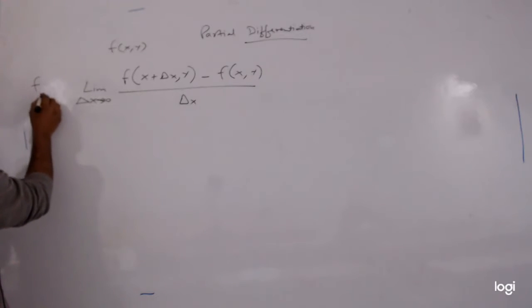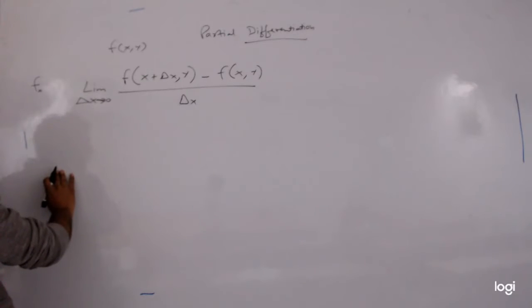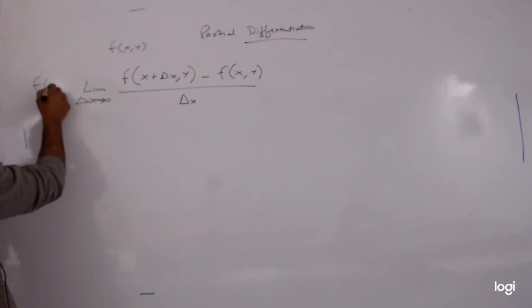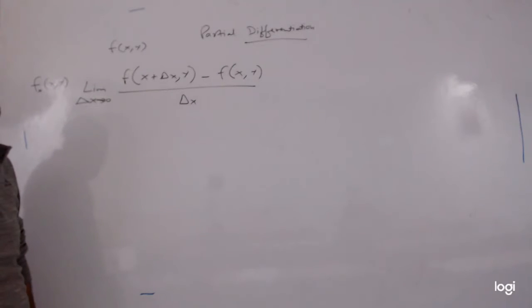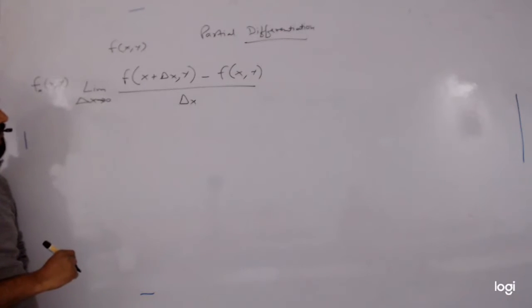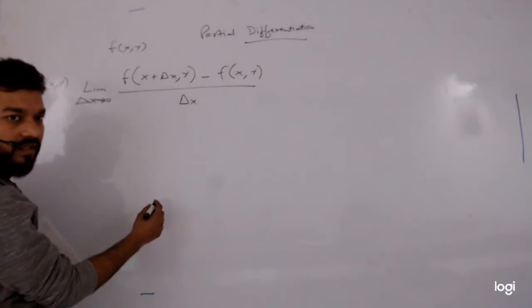This would be the partial derivative of the function with respect to x, the function which is of two variables x and y. Exactly something like this would be for y.